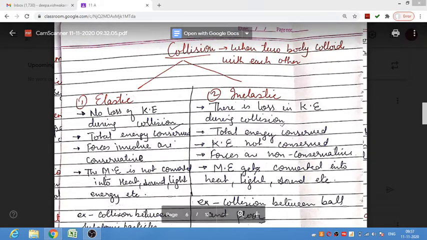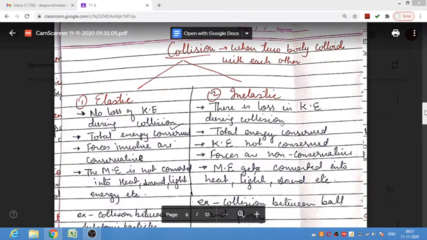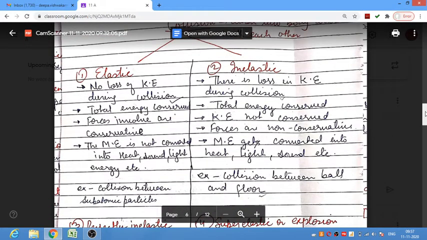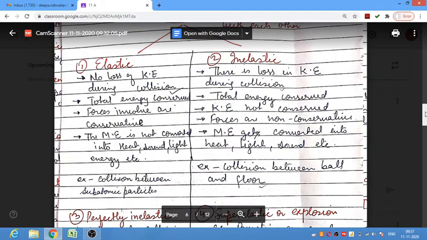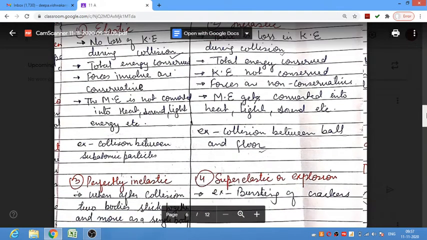In the case of the elastic, mechanical energy is not converted, but in the case of the inelastic, mechanical energy gets converted into heat, light and sound.